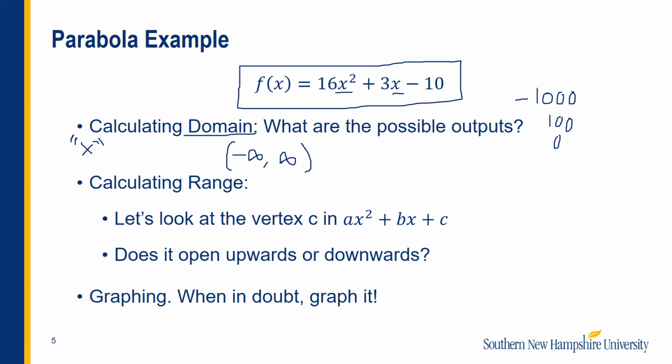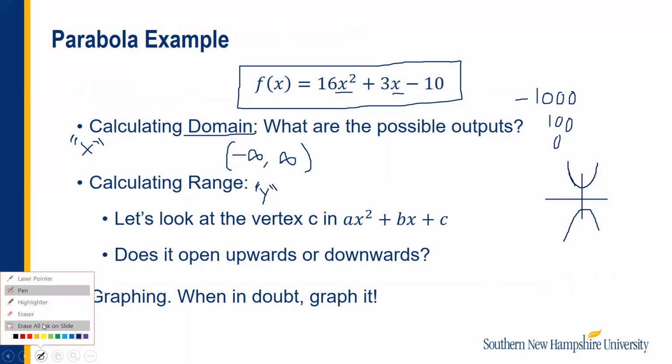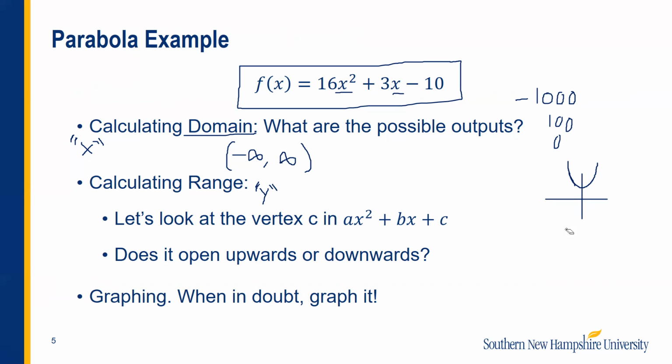So next, let's look at the range. The range is the y values. So this is the outputs. Well, this is a polynomial with x squared, which means this is going to be making a parabola, which means at some point here, it's either opening upwards or downwards like this. But when it's opening upwards or downwards, we're going to be seeing that it has to have some place that it starts.